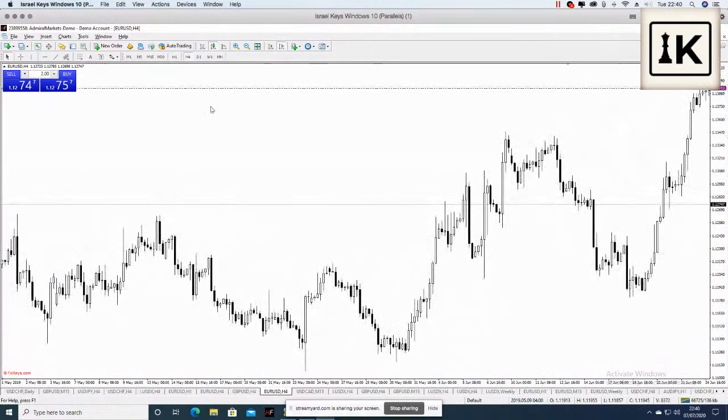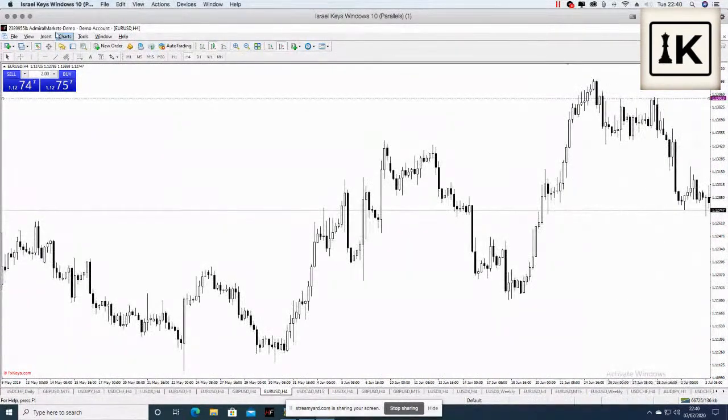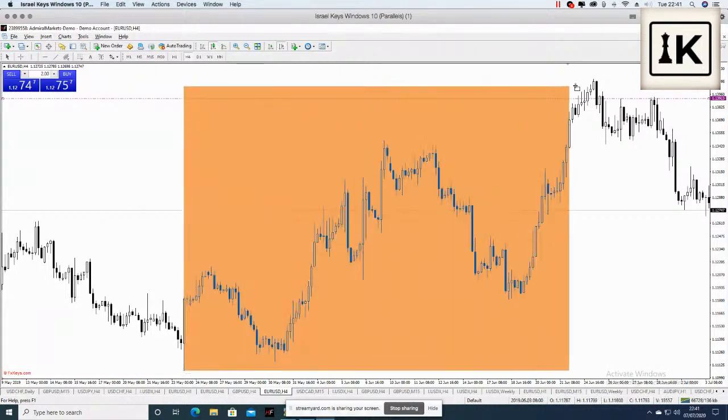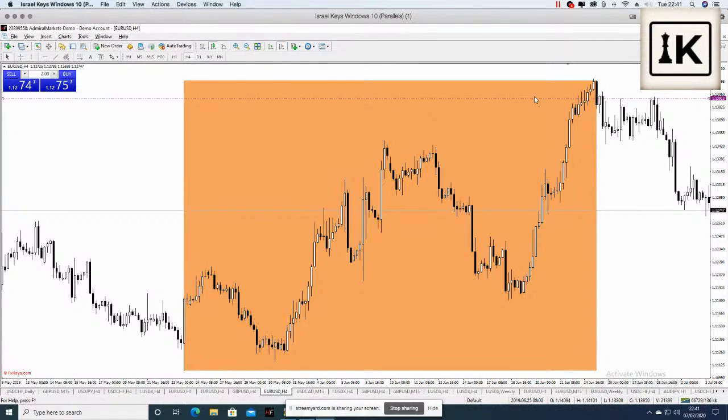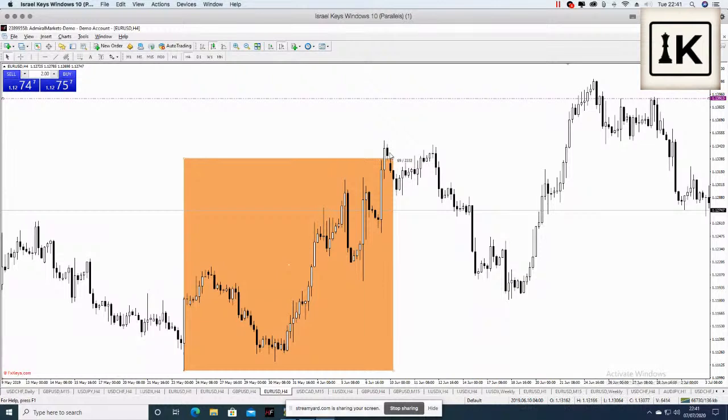Okay, so between here and here on your chart, you would argue this is bullish, right? Especially if you go between here and here. So let's look at the profiles.